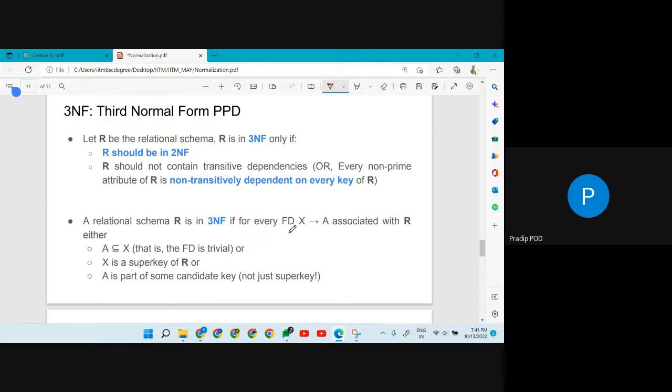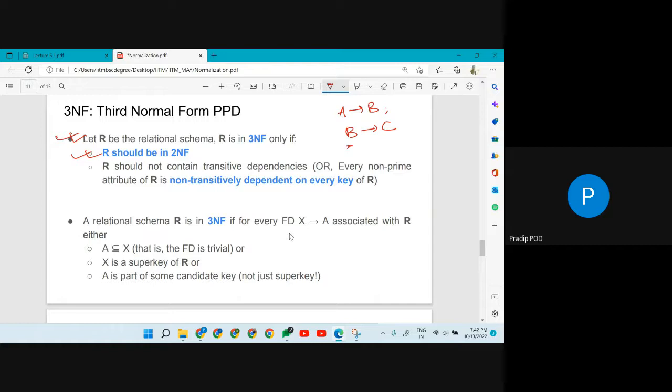The first one is it should be in first normal form, and it should not contain any partial dependency. Similarly in the third normal form, R should be in the second normal form, and R should not contain a transitive dependency. Transitive dependency simply means like this: A to B and B to C, right?